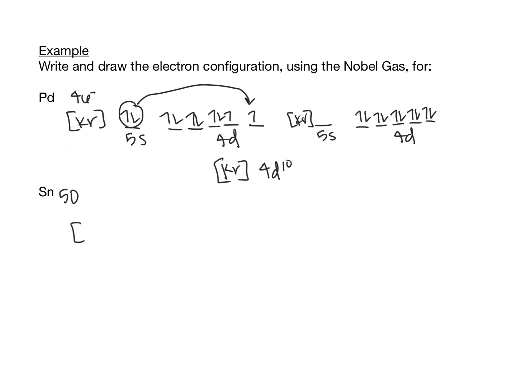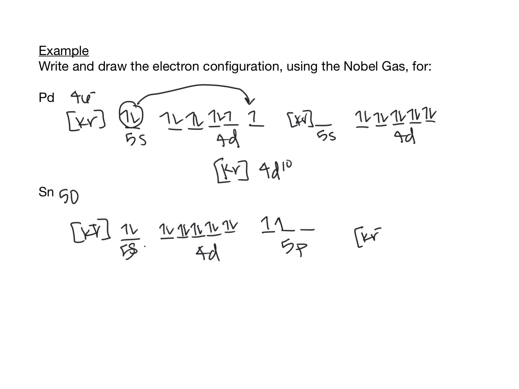So it would be krypton, 5s, 4d, 5p. And based on its location, we know that the last electron is in the 5p, and there are two of those. So we can also write that as krypton 4d10, 5s2, 5p2.